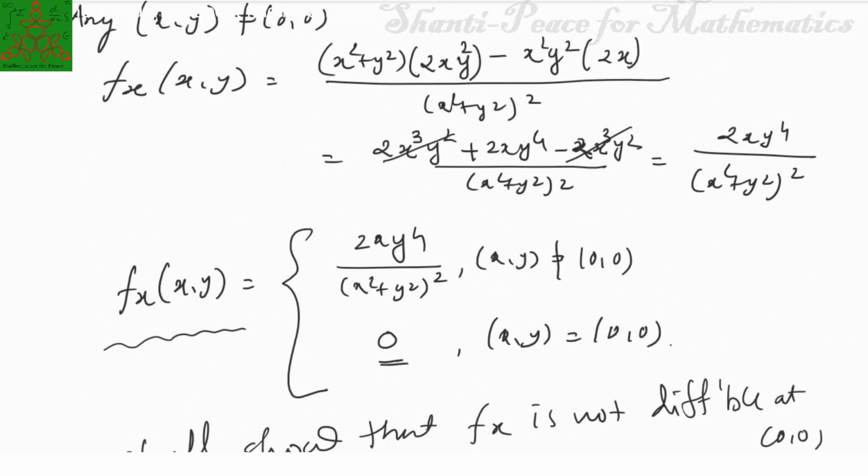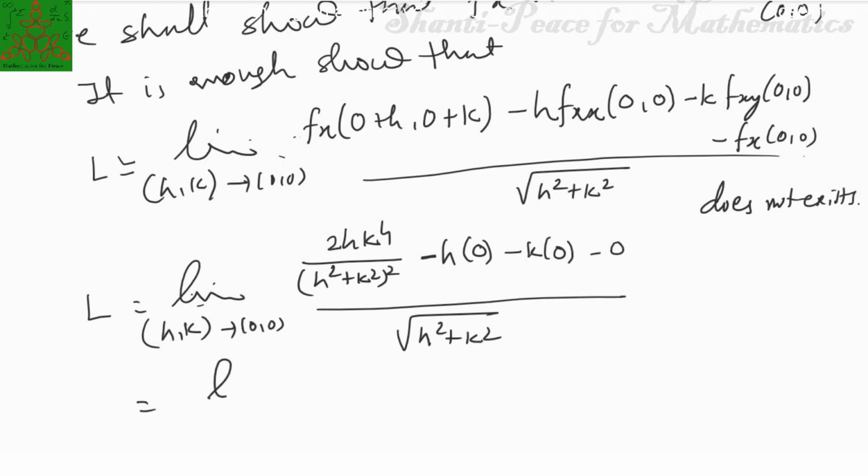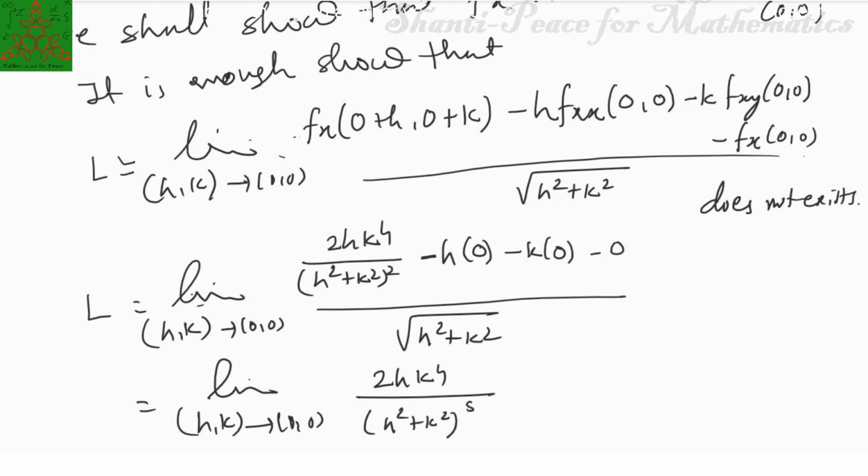So f_xx at 0 is 0, f_xy at 0 is 0, minus k into 0, minus f_x at 0 is also 0, upon the square root of h squared plus k squared. Then the limit as (h, k) tends to (0, 0) is 2hk to the power 4 upon (h squared plus k squared) raised to 5 by 2, because 2 plus 1 by 2 is there.